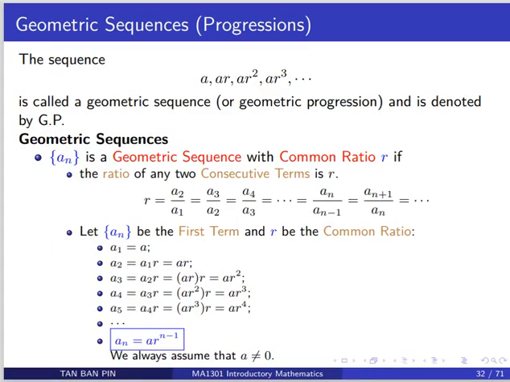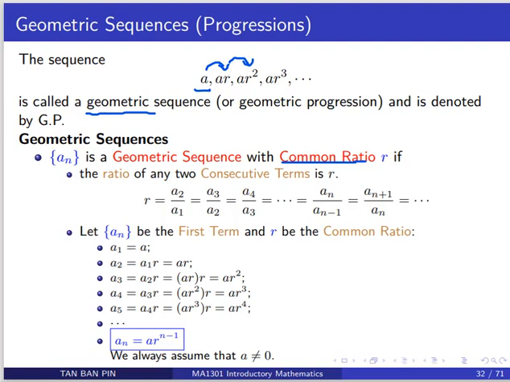In general, if you start with a number A and keep multiplying by R to get the next term, so with A, AR, AR squared, AR cubed, and so on, you get a geometric sequence. And the number R is known as the common ratio.